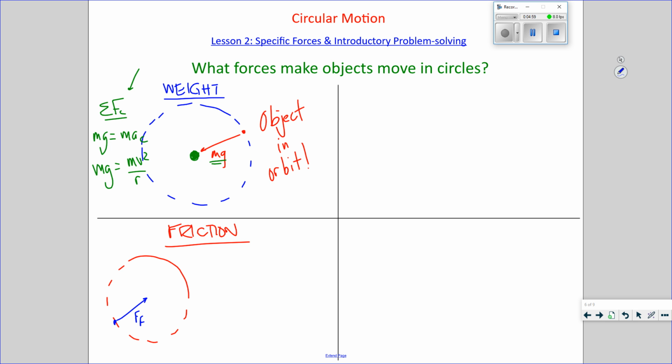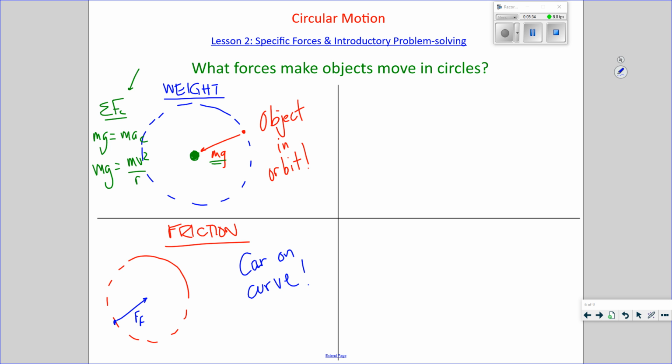If you think about that, the answer becomes clear: a car on a curve. Cars are able to go around turns because of the friction that the road exerts on tires. Cars are able to do anything they do because of friction that the road exerts on tires. If there is no friction between road and tires, then cars can't turn.